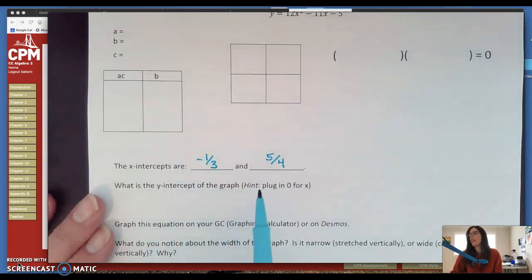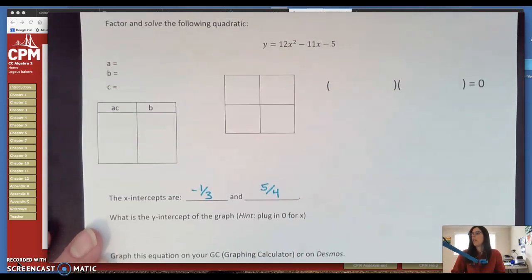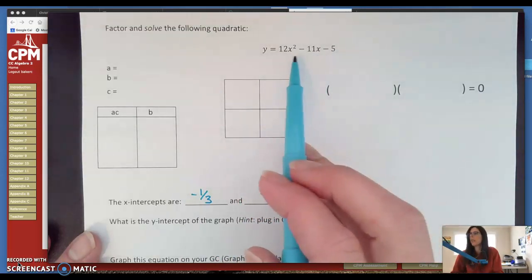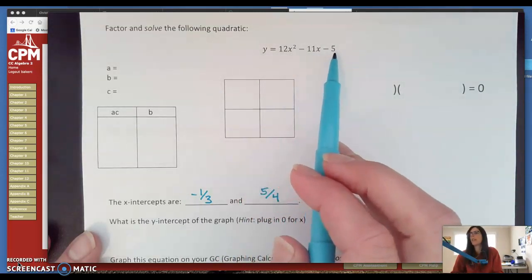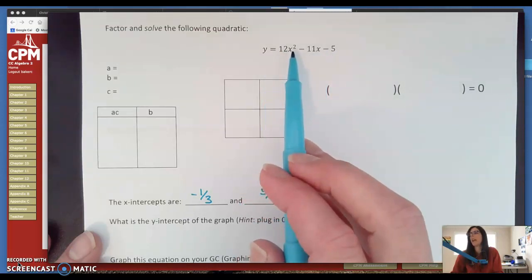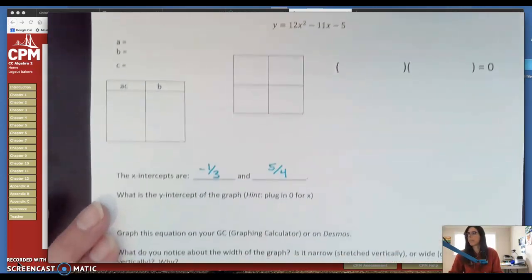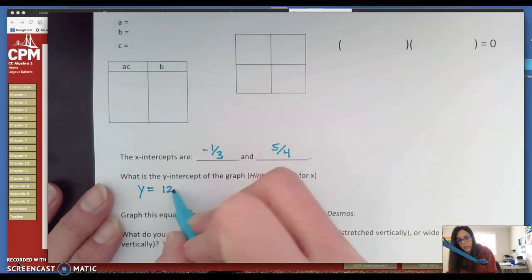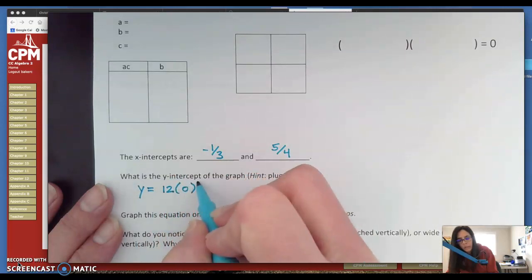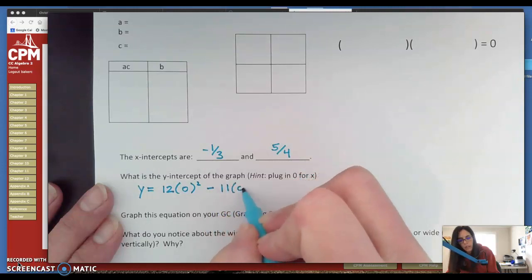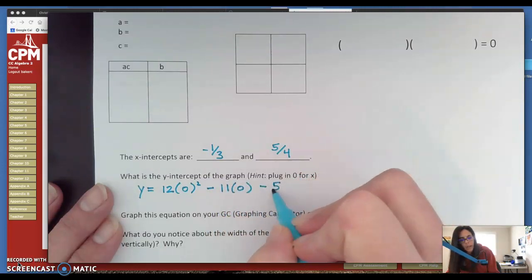Okay, so to fill out the rest of the handout, it says, what is the y-intercept of the graph? Hint, plug in 0 for x. Okay, so the equation that we're working with, the quadratic, is 12x squared minus 11x minus 5. So if we want to find the y-intercept, I'm just going to replace all the x's with 0. I'll do that down here and do 12 parentheses 0 squared minus 11 times 0 minus 5.